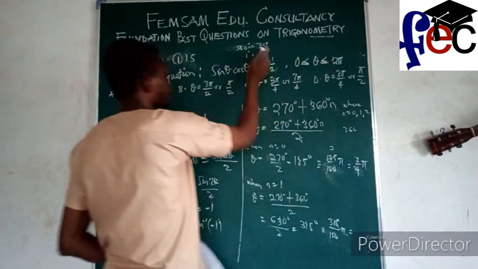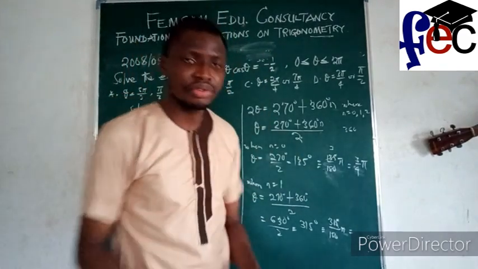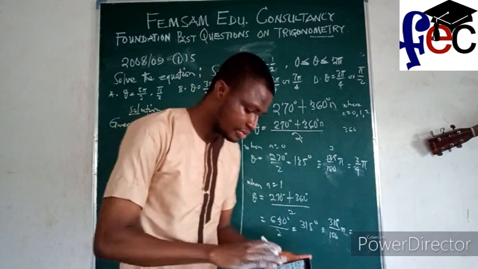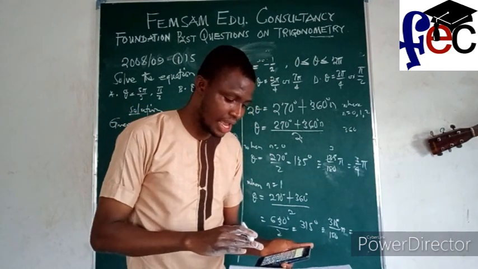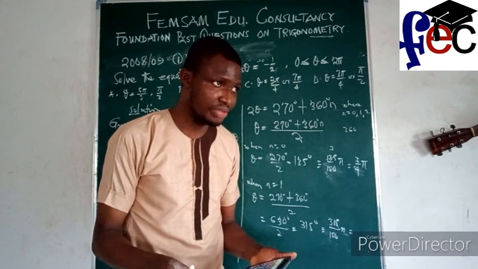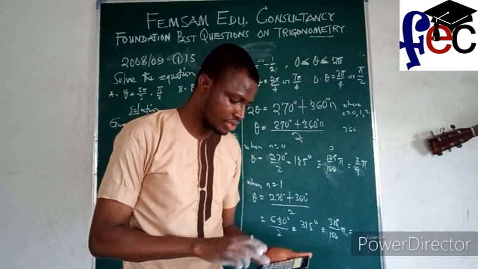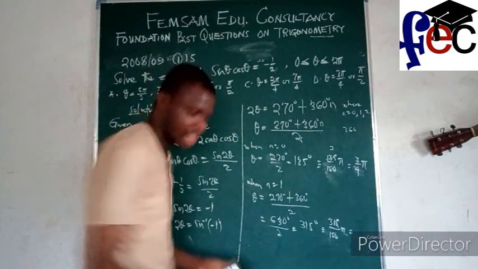Let's check it. You will always be given the opportunity to use a calculator. So if it's wasting your time, let's quickly use the calculator. 315 divided by that. I think that should be 7, right? 45. Yes, 7.